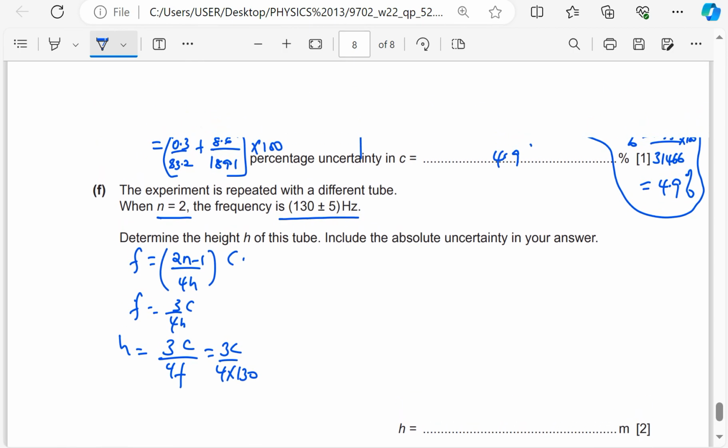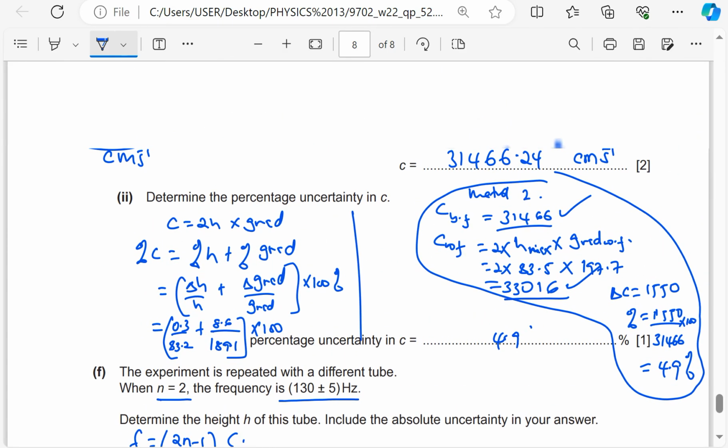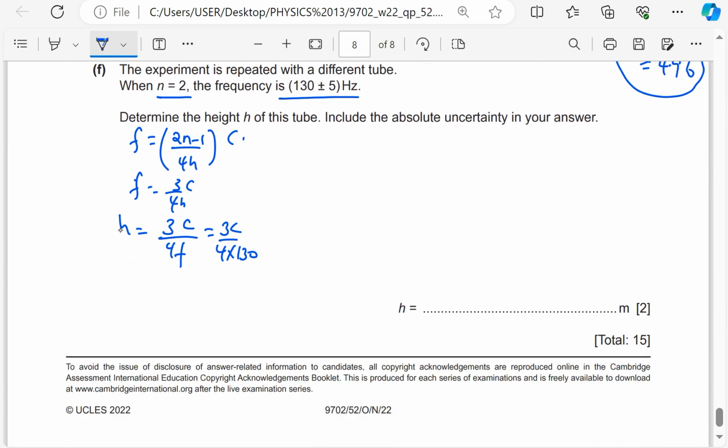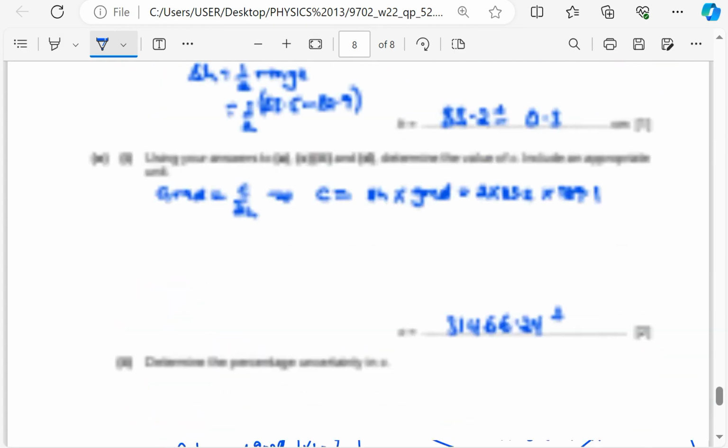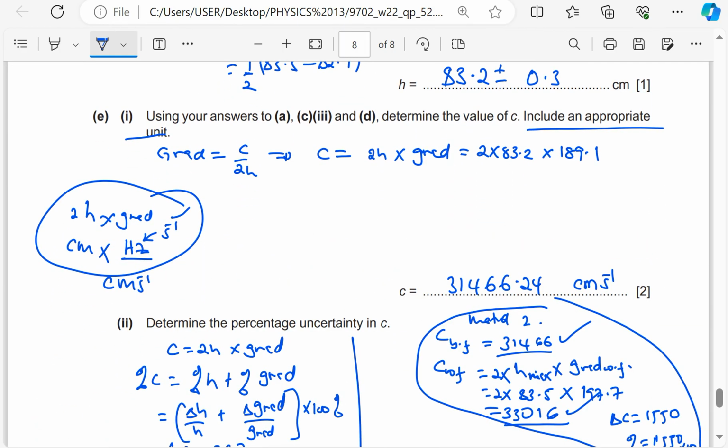What is my value of C? So H is going to be 3 times 31466. I'll leave out the other part, it is useless.